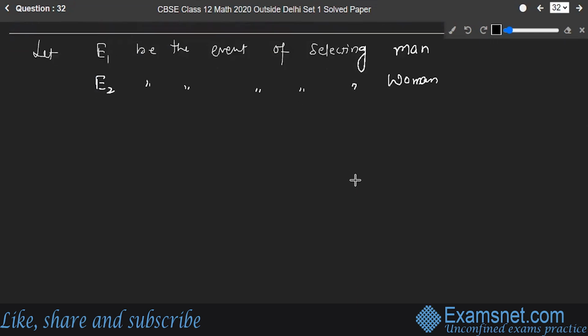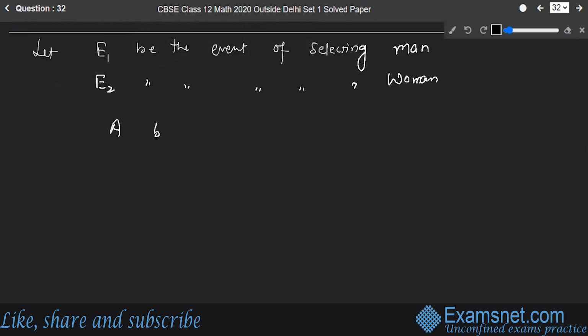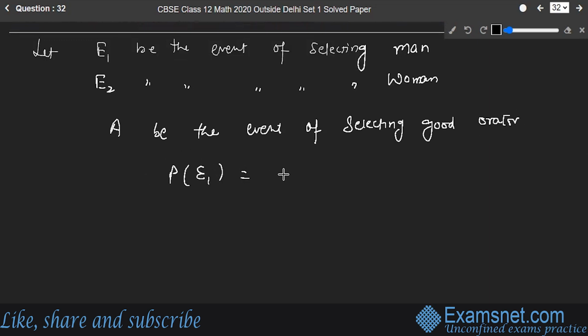Now, A be the event of selecting a good orator. Then the probability of E1 is equal to probability of E2, and that is equal to 1 by 2. Why? Because number of men and women are equal.